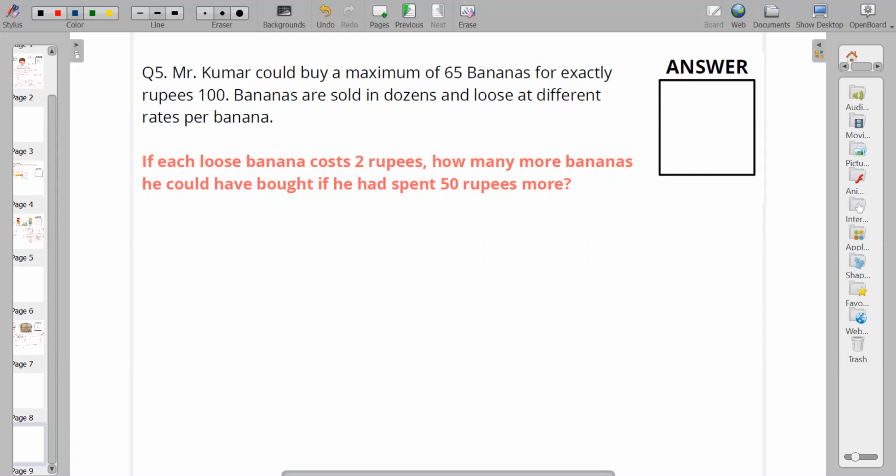If each loose banana costs 2 rupees, how many more bananas could he have bought if he had spent more? Each banana costs 2 rupees. How many?